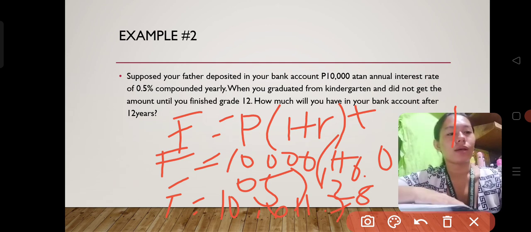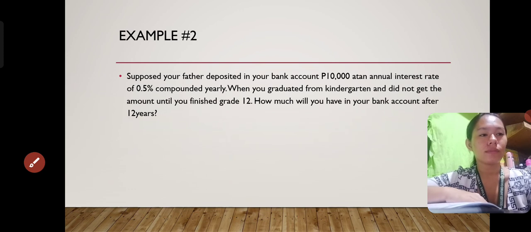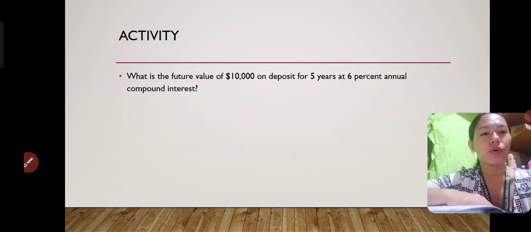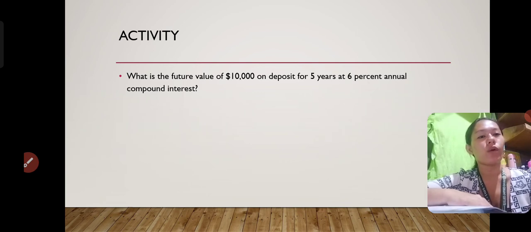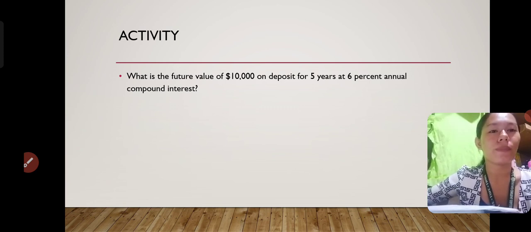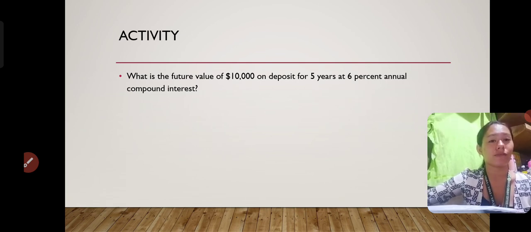Okay. So, activity: what is the future value of 10,000 on deposit for 5 years at 6% annual compound interest?